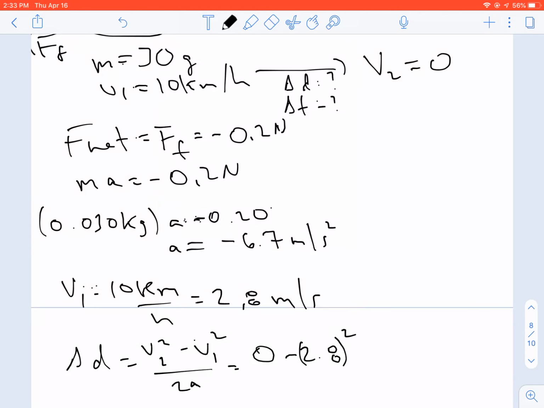V1 is 2.8 meters per second, and V2 is 0, divided by 2a. The acceleration is negative 6.7. So if I take my 2.8 and square it, I end up with the negative of 7.7 divided by 2 times negative 6.7. I'm getting 0.58 meters.